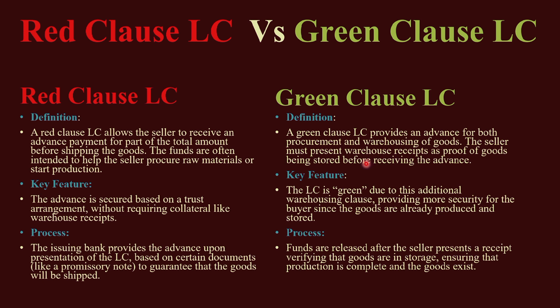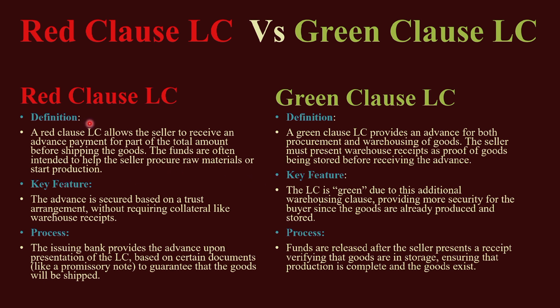The seller must present a warehouse receipt as proof of goods being stored before receiving the advance. So this is some additional work regarding presenting a warehouse receipt as proof of goods.